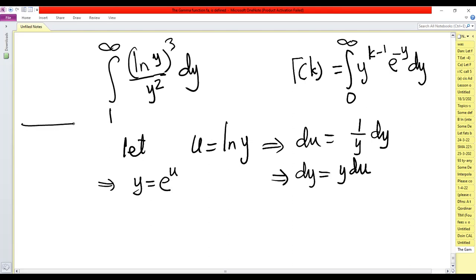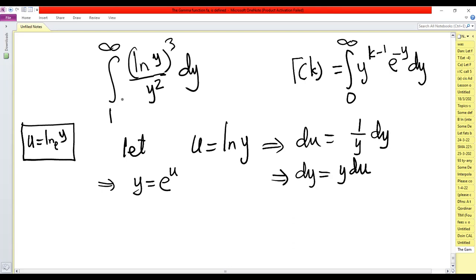Remember changing from logarithm form into index form, u equals ln y, where the base is e, has the same meaning as y equals e raised to the power u. So where there is y, we are allowed to replace it by e raised to the power u, where there is ln of y, we replace it by u, and where there is dy, we replace it by y du.